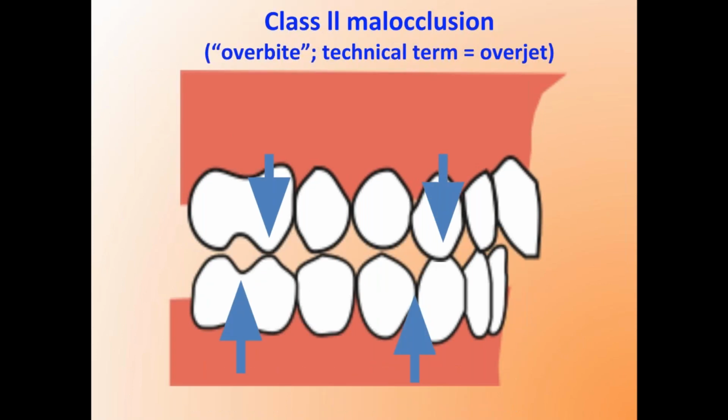A class 2 malocclusion, or what we consider colloquially as an overbite, is when the upper teeth are ahead of the lower teeth and the upper jaw is ahead of the lower jaw. And you don't see that nice meshing together of the teeth on the sides.